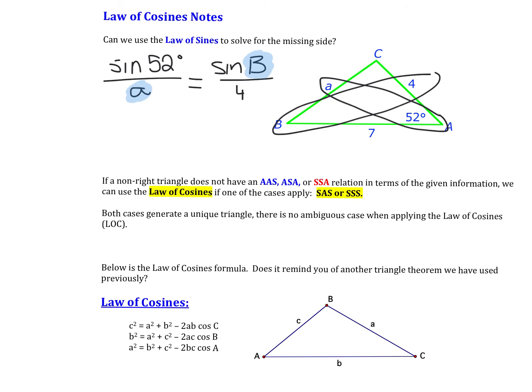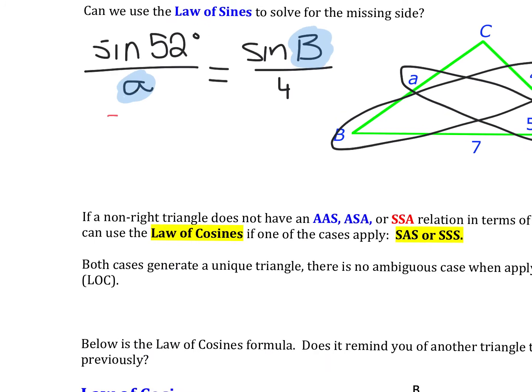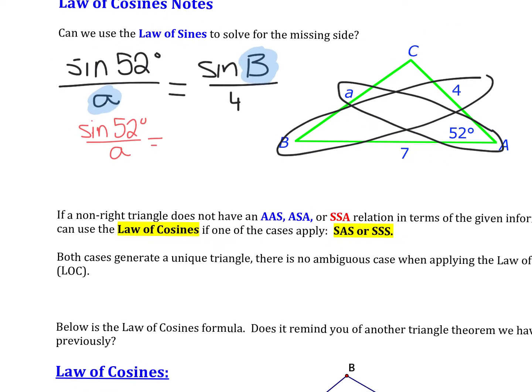So what if I went a different route? Instead of B, I did sine of 52 over A, because I want to solve for the side. So sine of 52 degrees over A equals sine of angle C over side C, which is 7.